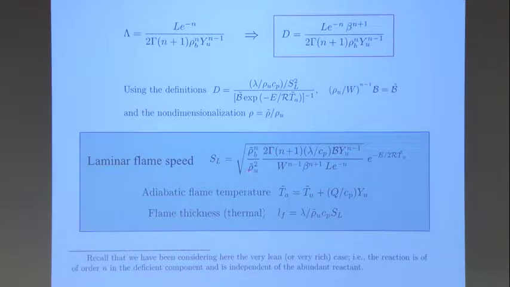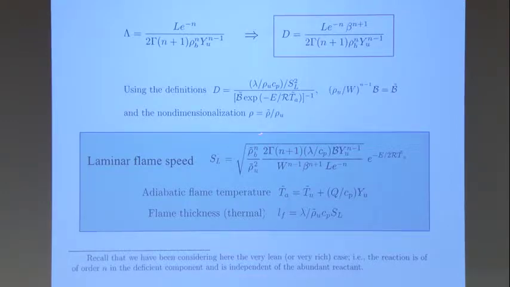Pay attention that the laminar flame speed depends on the expansion rate, which is the ratio of the density unburned to burned or burned to unburned. It depends also on the thermal diffusivity of the mixture, but also the Lewis number. It depends on the molecular diffusivity of the species that is diffusing.